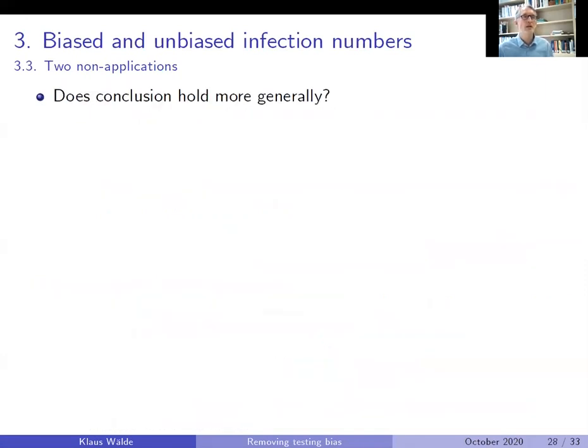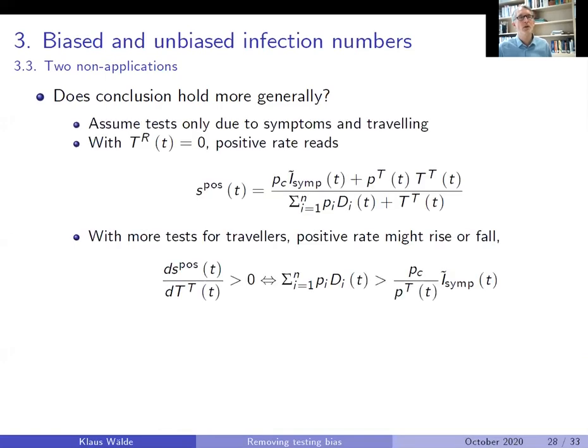Okay, now let's continue. Does this conclusion hold more generally? Let's assume tests are only due to symptoms and traveling, which is quantitatively probably the two most important reasons for testing. So we set representative testing equal to 0. Then the positive rate has the following structure. So this is the number of reported infections.